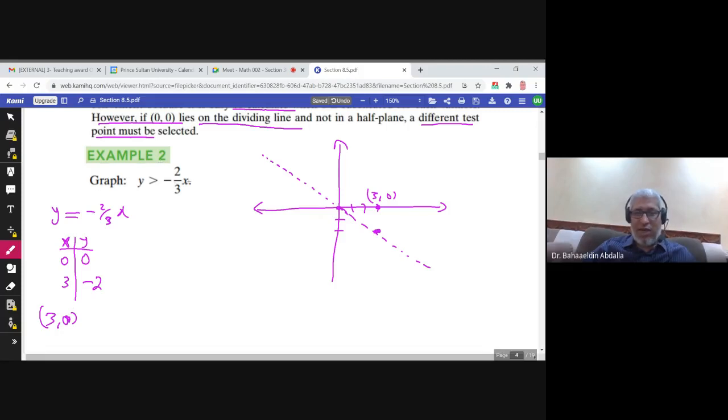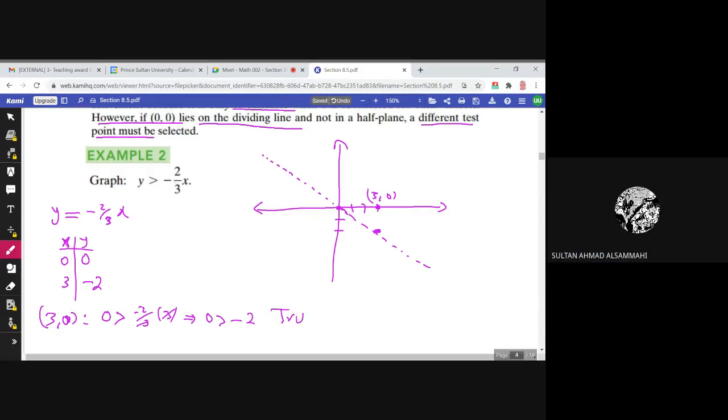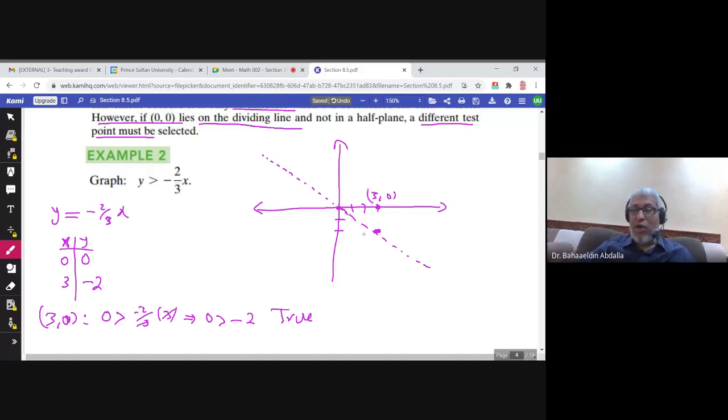Put it here in the inequality. So y is 0. So 0 is greater than -2 over 3 times x. x is 3. 3 cancels with 3. And I have 0 greater than -2. Is this a true statement? Yes, this is true. So where is the answer?